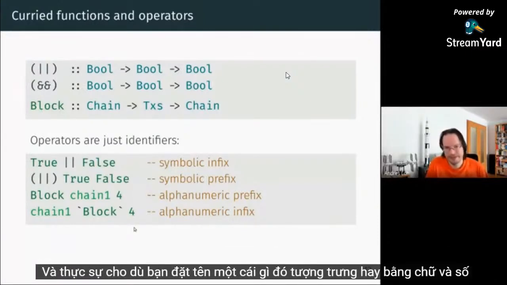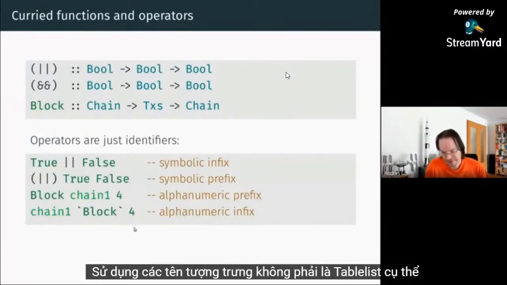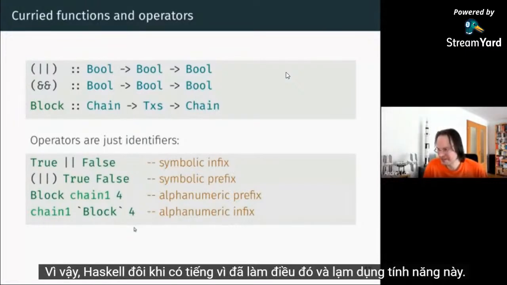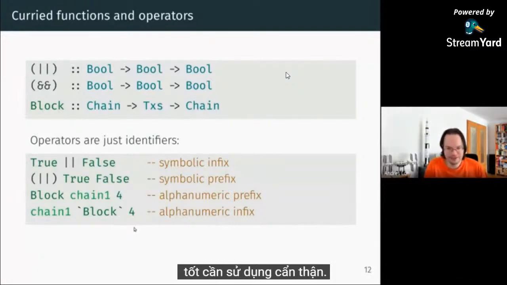Really, whether you name something symbolically or alphanumerically is just a choice. In practice, using symbolic names that are not established in a particular community or field is a good recipe for making your code unreadable. And so Haskell sometimes has a reputation for doing that and overusing this feature. So be careful with defining your own operators without good need. I mean, use that with care, but it's good to know about this.